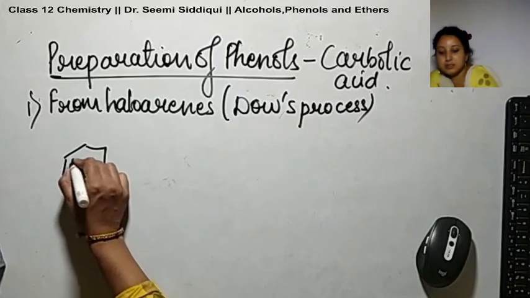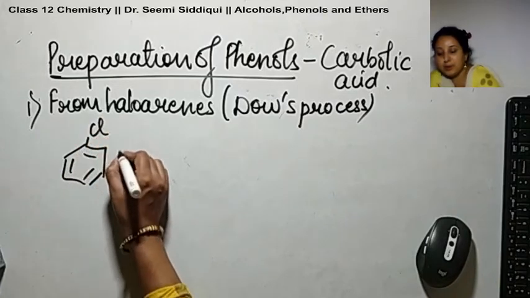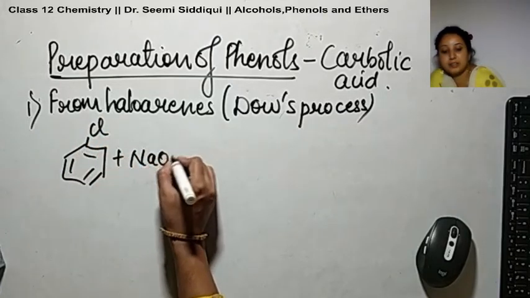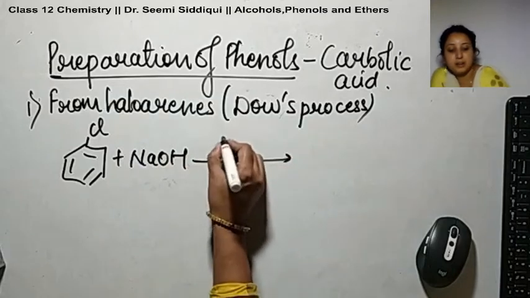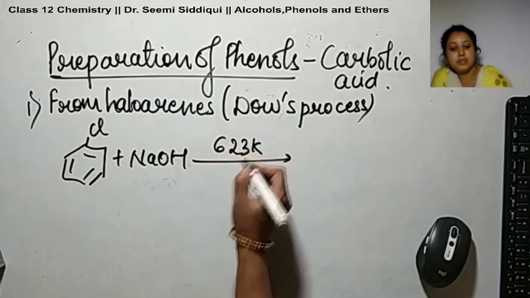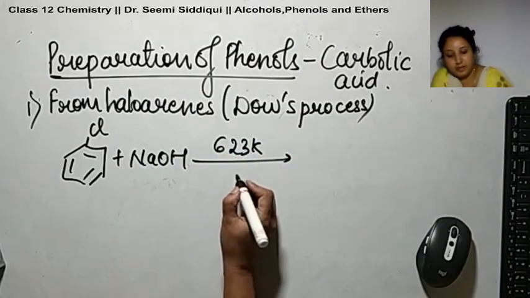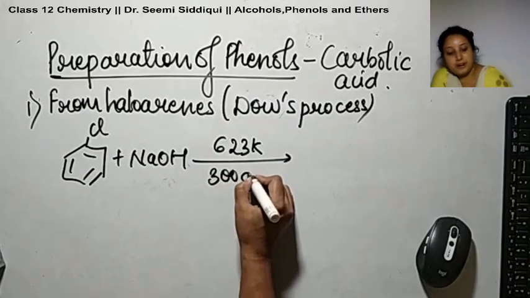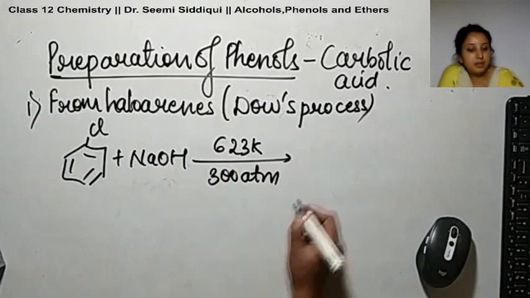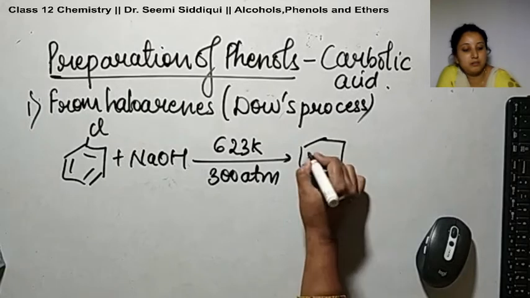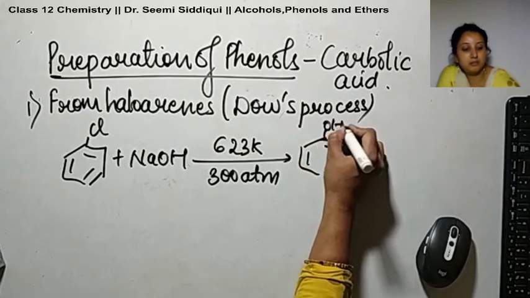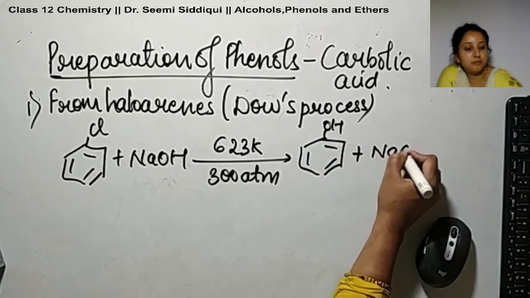Chlorobenzene is made to react with sodium hydroxide at a temperature of 623 Kelvin and 300 atmospheric pressure, and we obtain a phenol.